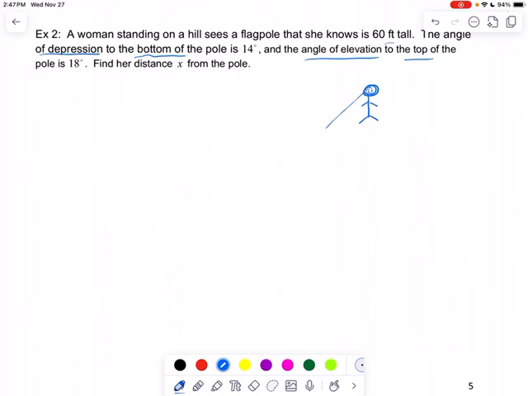If you are looking down at something, the angle that is made by your line of sight, which we call the line of vision, and the horizontal, this is the horizontal, this angle is called the angle of depression.